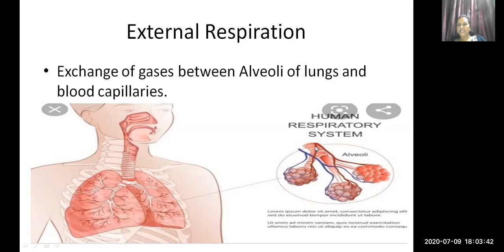Where does the blood in these capillaries come from? You see here the red colored and blue colored blood vessels. First of all, this blue colored blood vessel comes from the heart. It is a branch of the pulmonary artery. Here the pulmonary artery is of blue color.